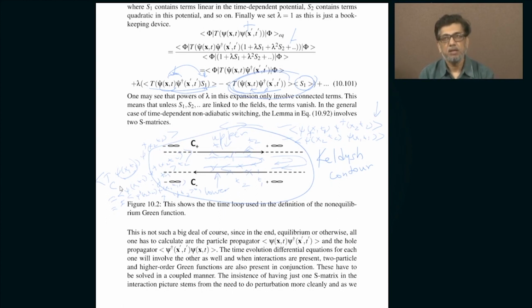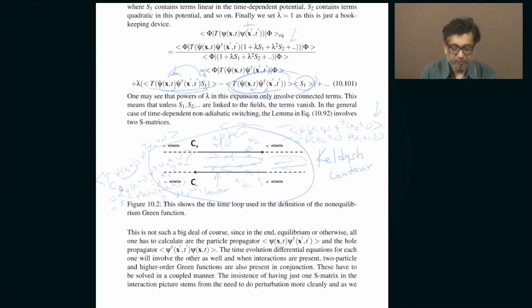But if both are on the upper branch, then the numerical largeness is the same as contour largeness. If they are on different branches, then the lower branch is always larger than the upper branch. Okay, so that's all there is to it. So that is the Keldysh contour.